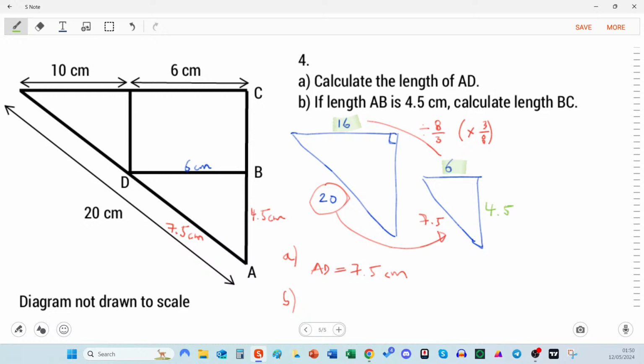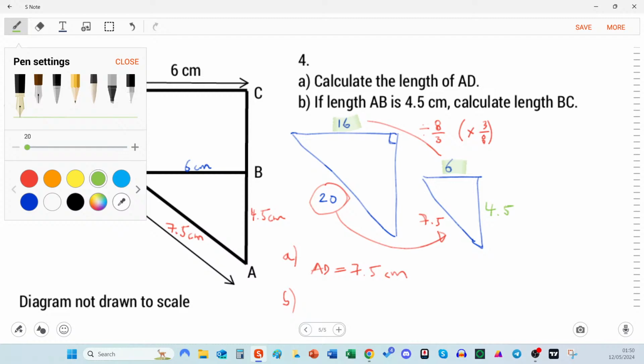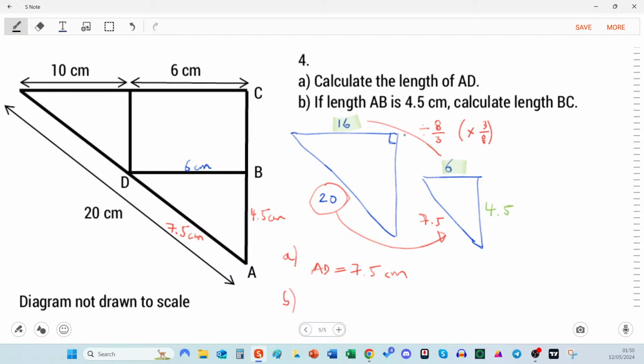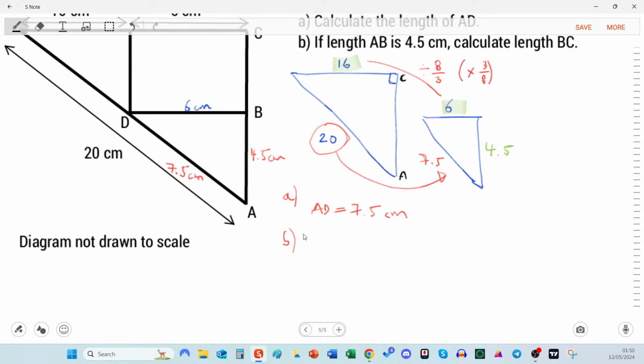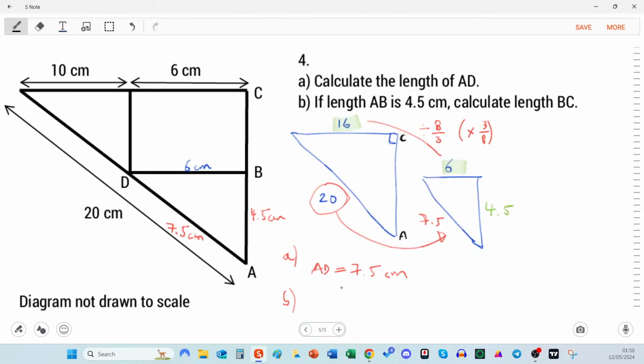part of AC. We already know AB, so if we found AC, because let's just make this clear a second, that this here is point C, and that's A. Using our current setup, we can find AC. So let's just do that.